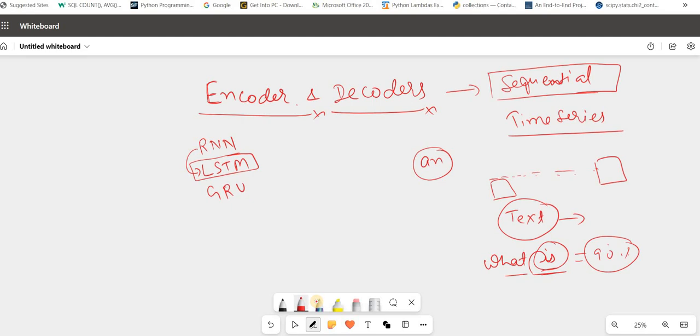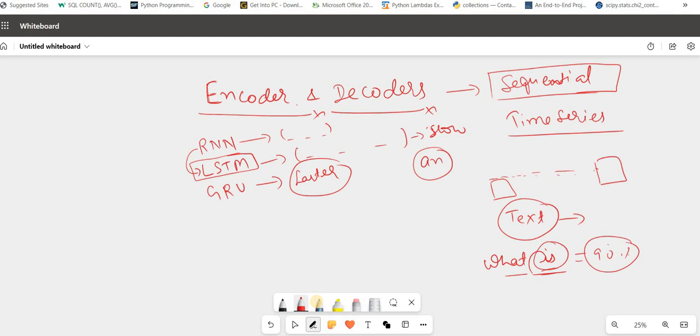RNN can handle smaller text, but LSTM can handle larger text, though it is slower in training. GRU has slightly lower performance than LSTM, but it trains faster because it has fewer gates.